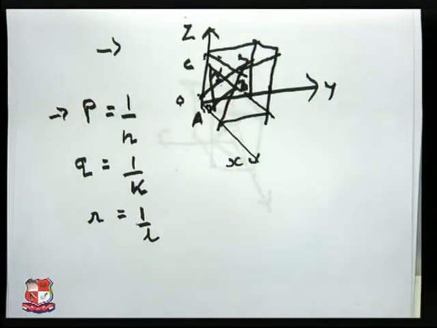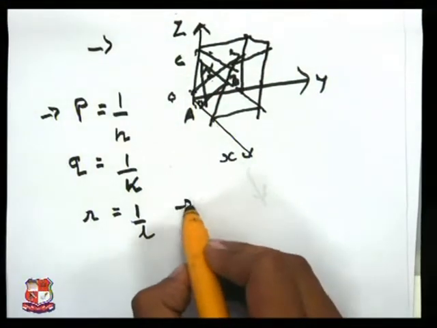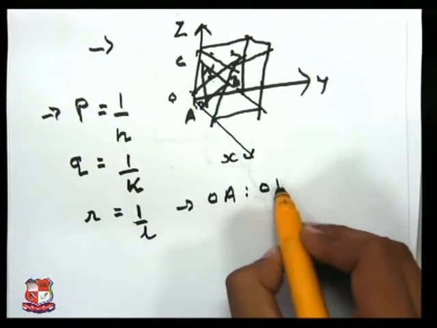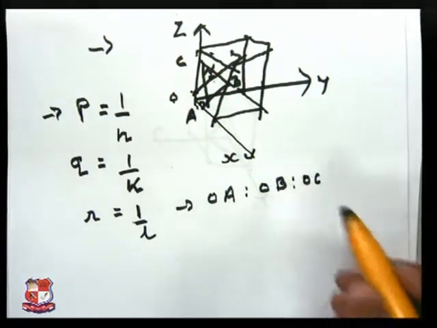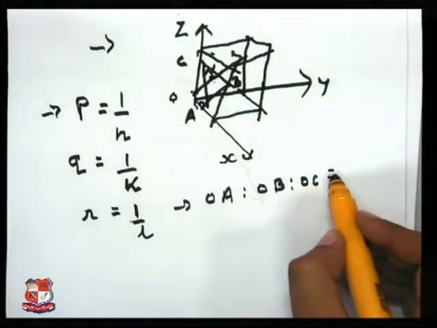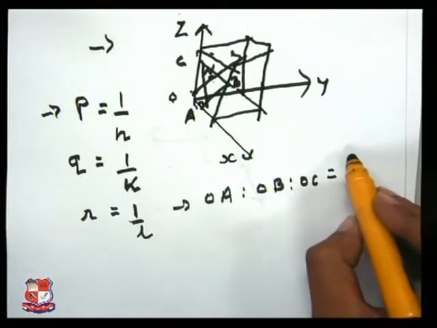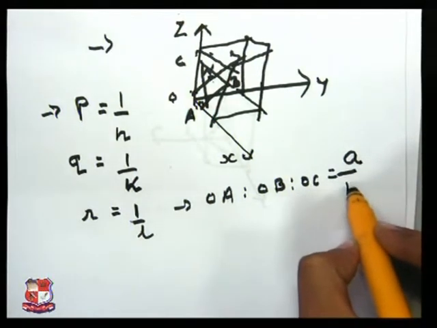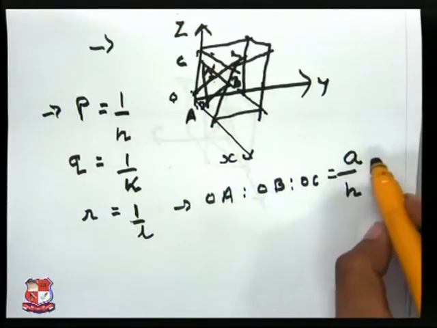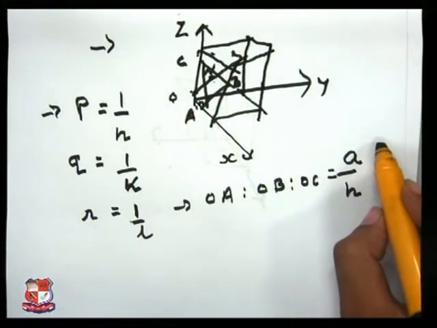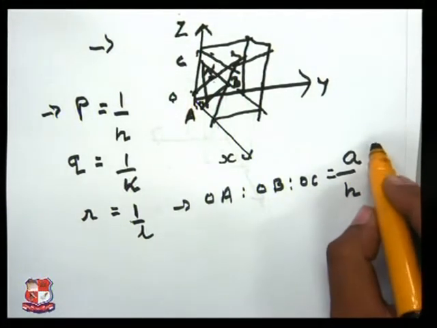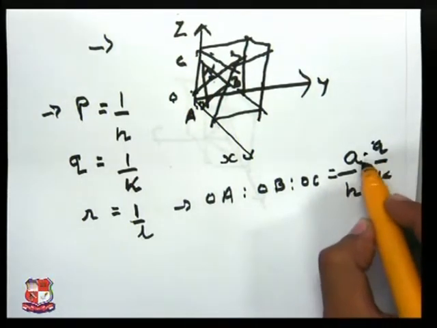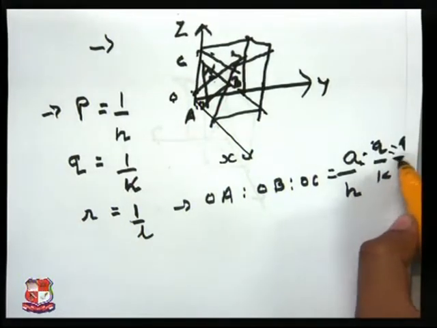Is it clear? In the same manner, let us define the intercepts, that is OA : OB : OC, which is equal to a upon h, in the same manner a upon k, and in the same manner a upon l.